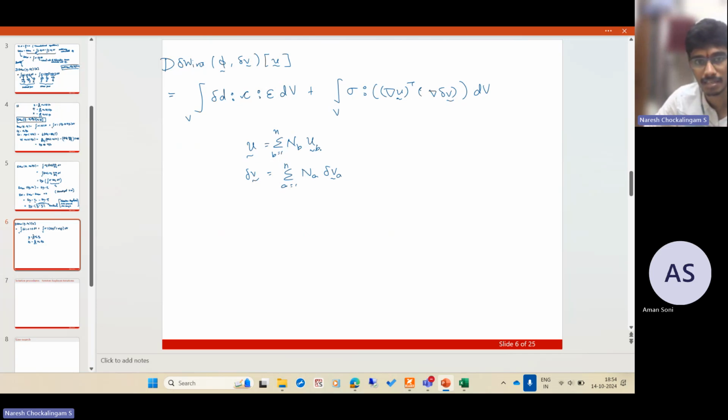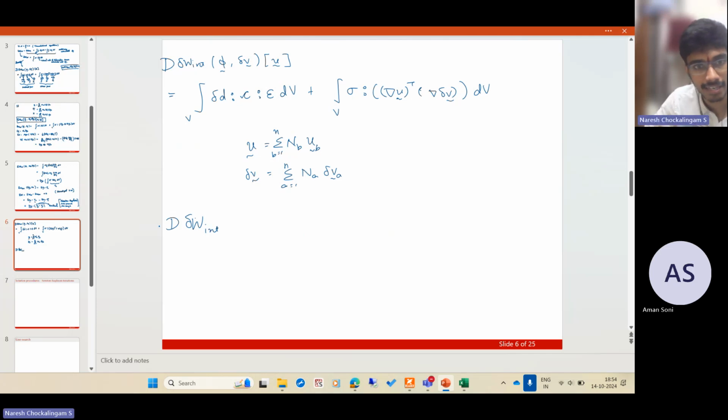UB is basically the vector of displacements at the node B, and del VA is the vector of virtual velocity at node A. So this was done in the last session. So let me skip directly to the final expression for the linearized and discretized virtual internal work, right?